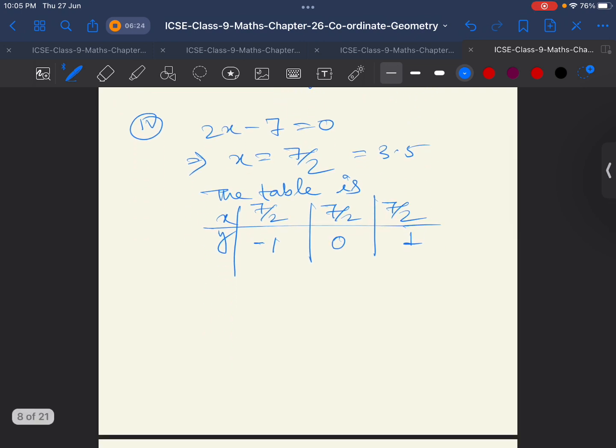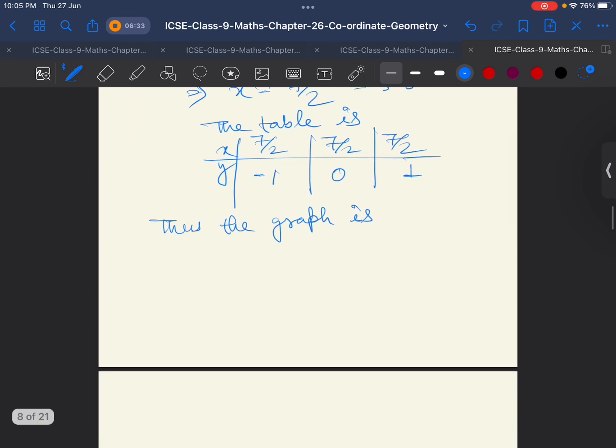So the graph is, now we draw the x-axis and y-axis. This is x and this is x dashed, this is y and this is y dashed.